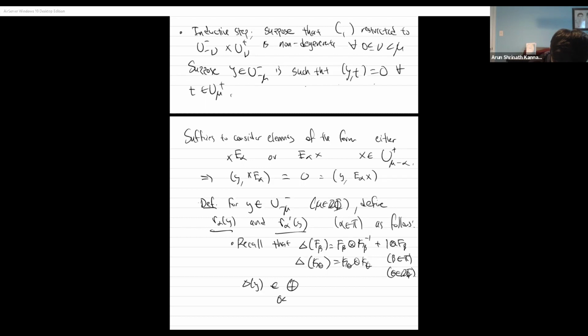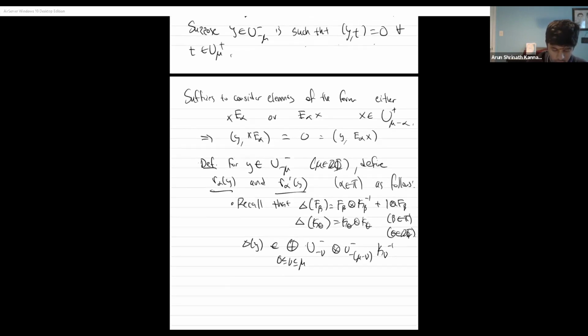So you take all nu less than or equal to mu, and then you consider the following subspaces.